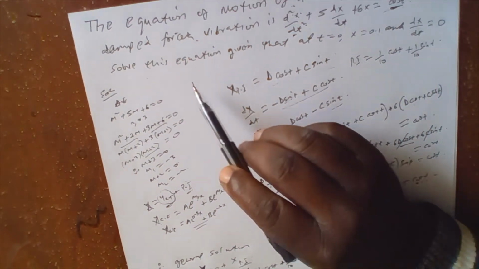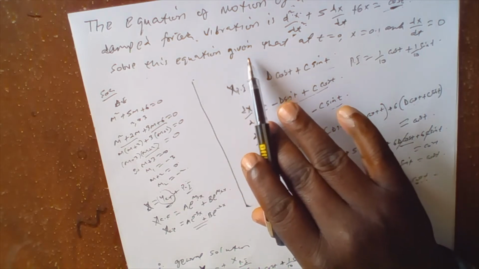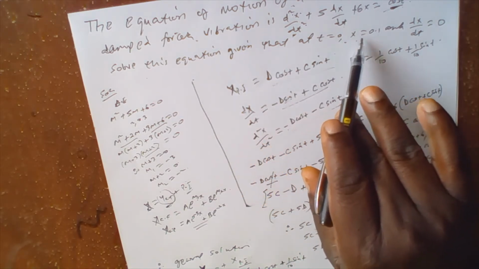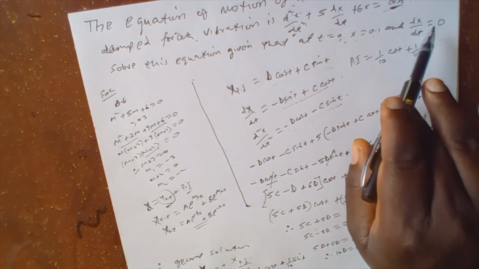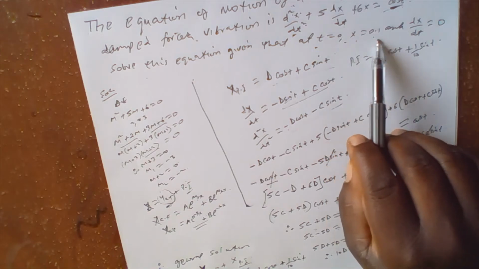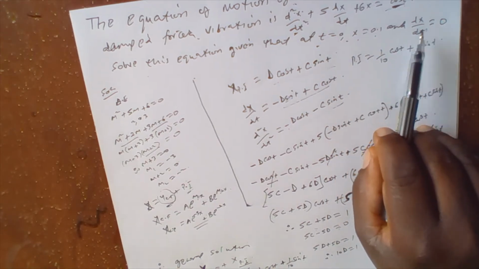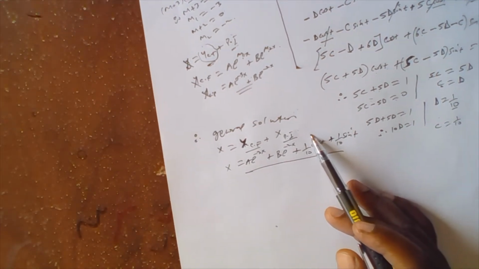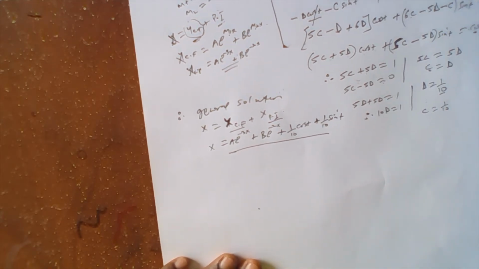But from the question we have been told that when t equals 0, x equals 0.1 and dx/dt equals 0. So from this given information, we can be able to get the particular solution.